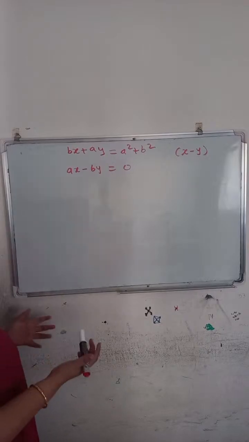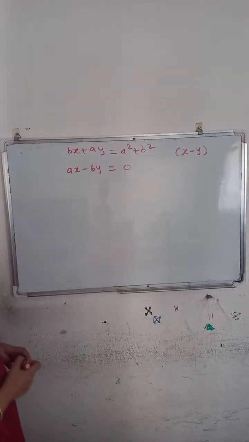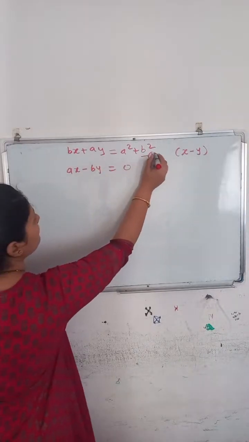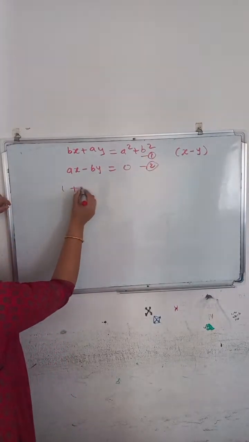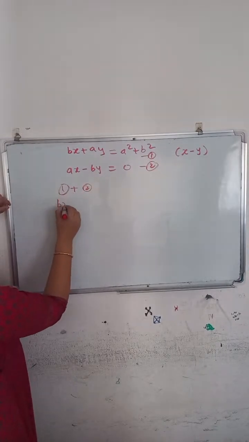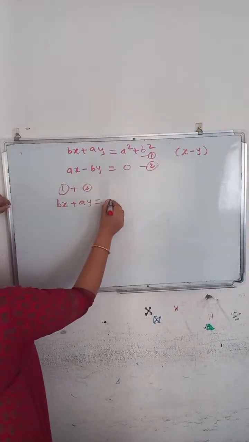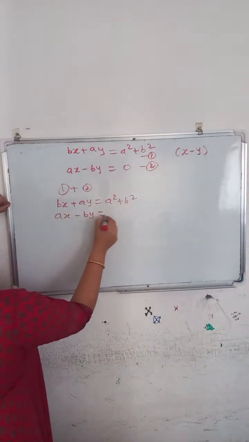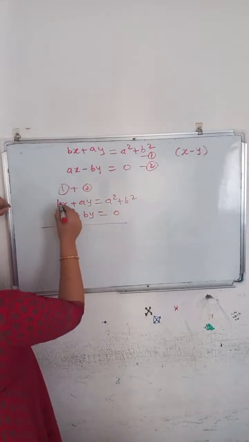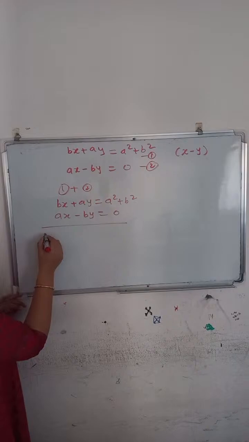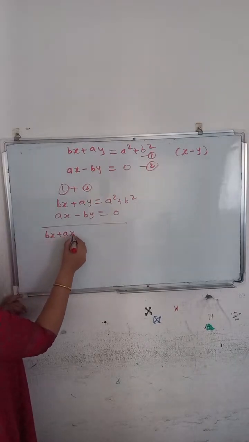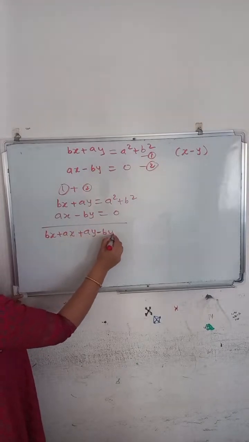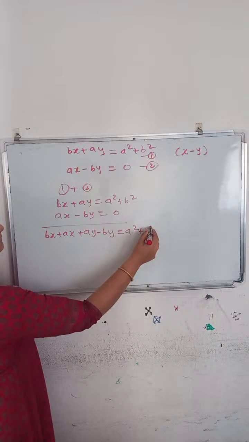Here also we don't have any option. So what we can do here: if we take this as 1 and this as 2, we can add equations 1 and 2. So bx plus ay is equal to a square plus b square, and ax minus by is equal to 0. Adding, we get bx plus ax plus ay minus by is equal to a square plus b square plus 0.